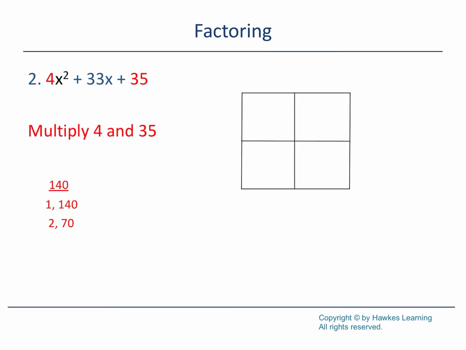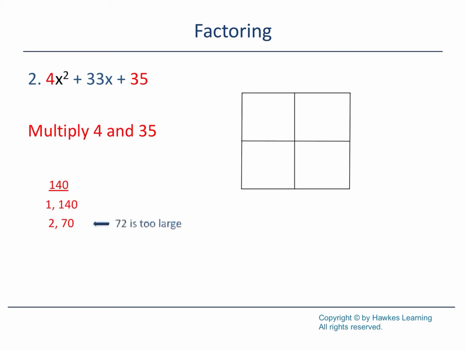So 2 and 70 go into it, but there are a lot for 140. And so I'm thinking that I don't want to do all of them. So I think I'll just skip down a few.